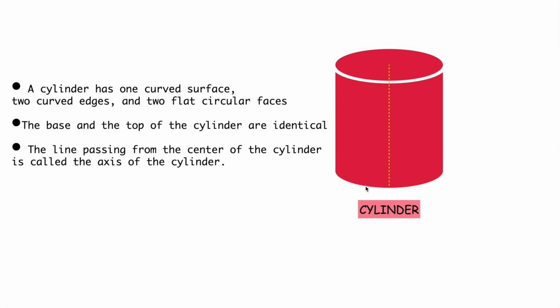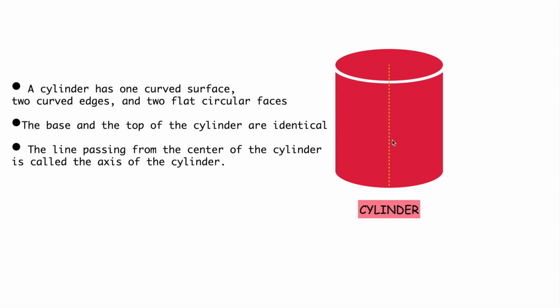The base and the top of the cylinder are identical. So the base circle and the top circle, they will be identical, similar in shape and size. Okay? The line passing from the center of the cylinder, can you see the line?